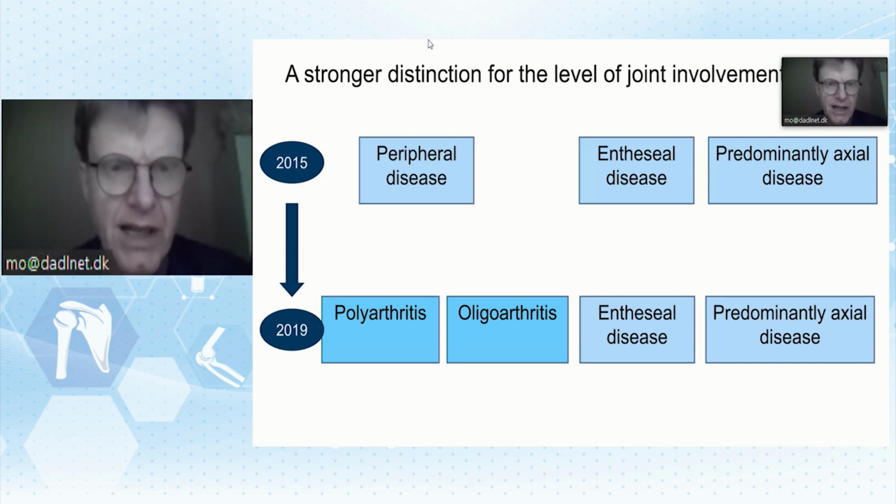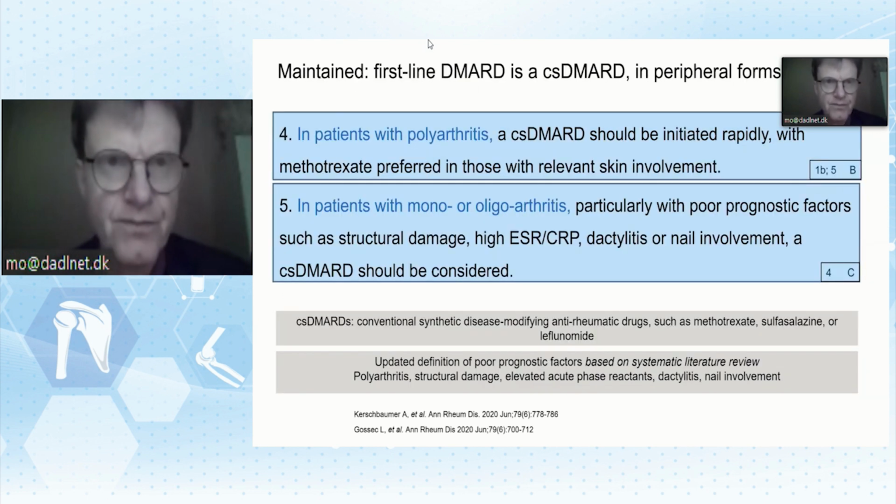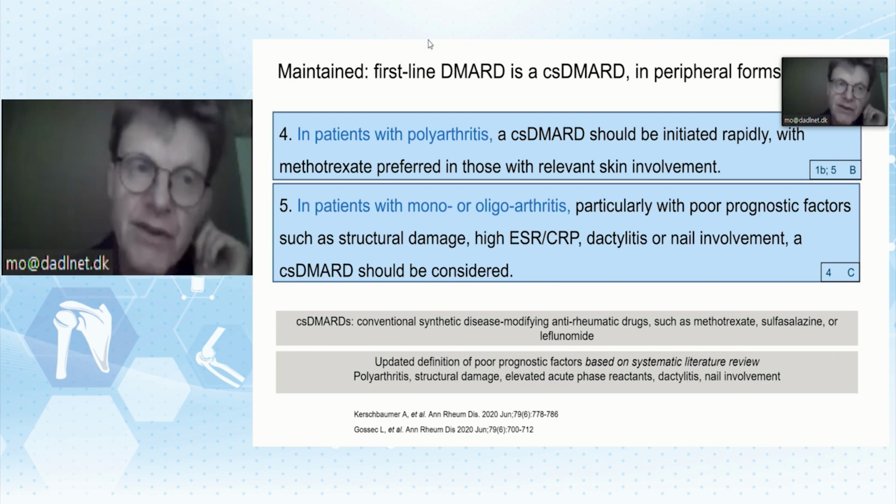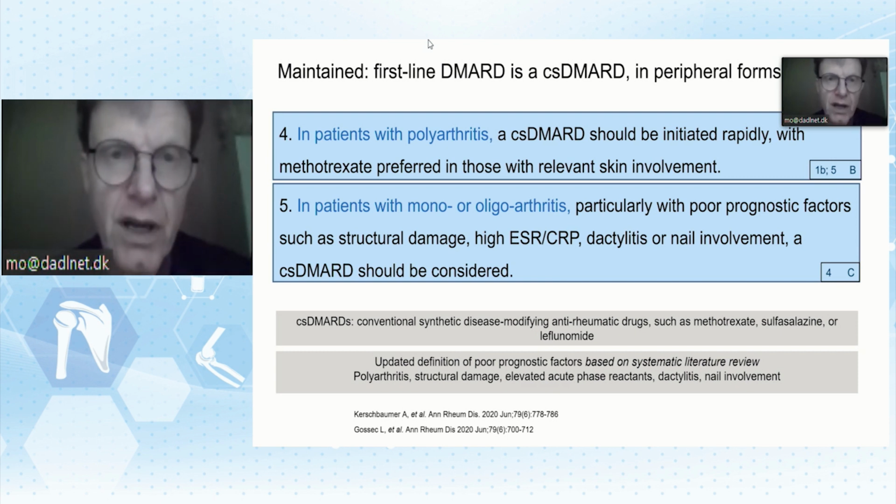The amount of data we have from trials on oligoarthritis patients is much less than what we have in polyarthritis. And what it is said regarding the joint symptoms here is that a conventional DMARD has been shown to work in polyarthritis, and methotrexate is frequently used, also having the advantage of working well on the skin.